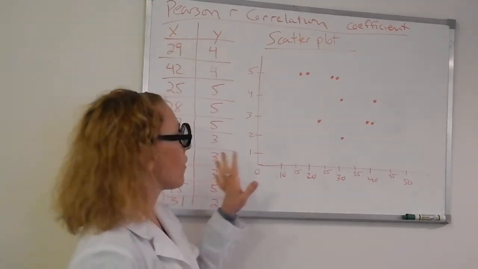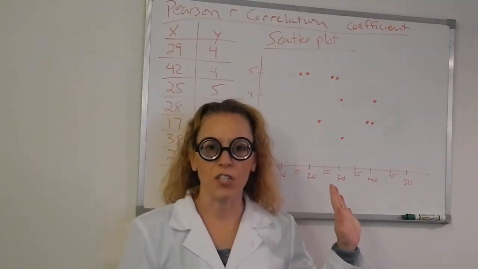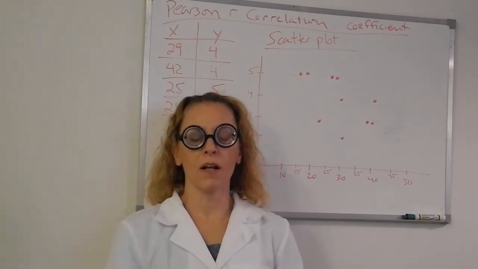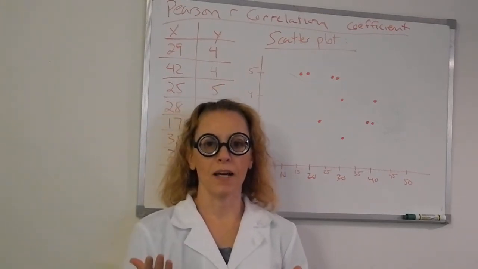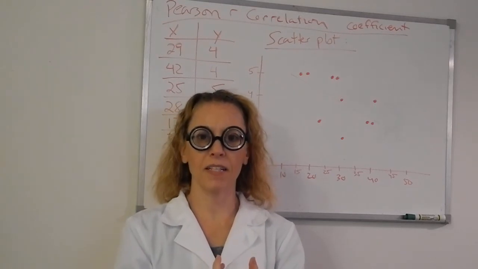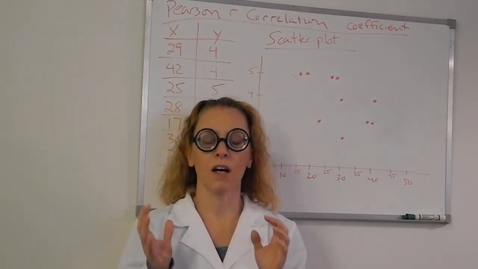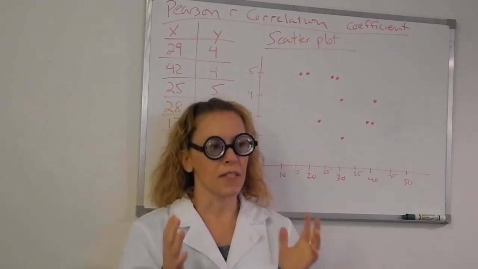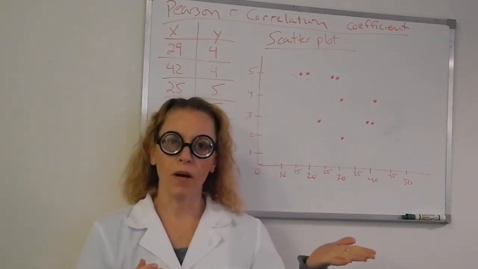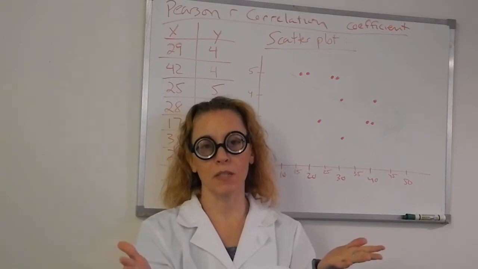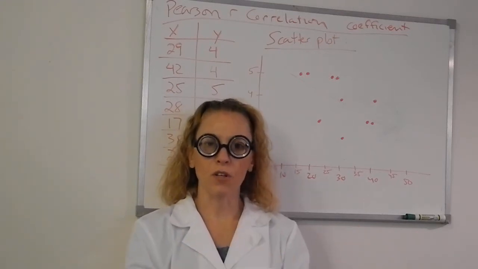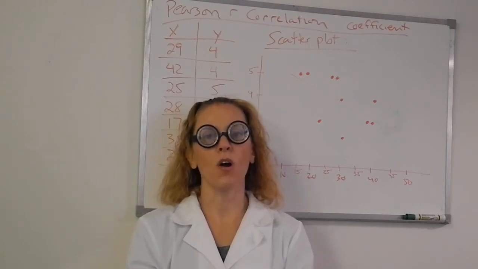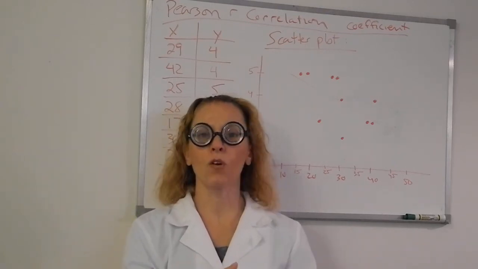So if you recall, the Pearson-R correlation coefficient tells you the strength and direction of a relationship. It has two parts to it. It has a positive or negative sign, and it also spans an amount from 0 to 1. Right, so basically you can have a positive or negative 1 all the way down to a 0. The closer the value of the Pearson-R is to 1, the stronger the relationship is, whether it's negative or positive.